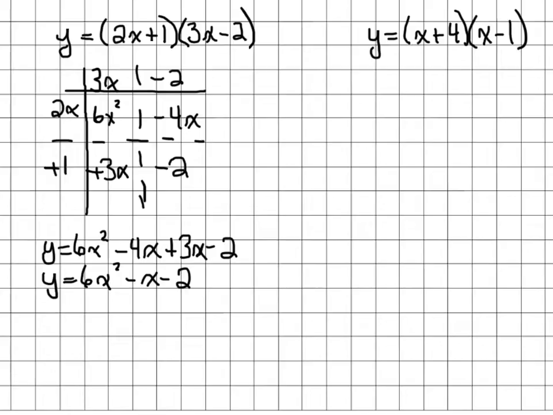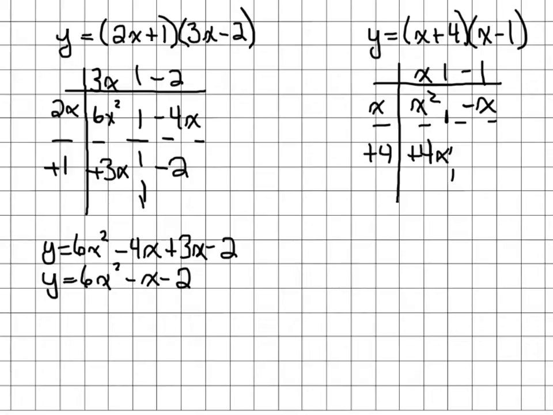Now working on the example on the right, again, I'm going to create my chart. I have x plus 4 and x minus 1. And I have x squared minus x plus 4x minus 4.